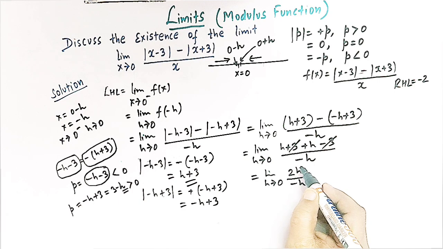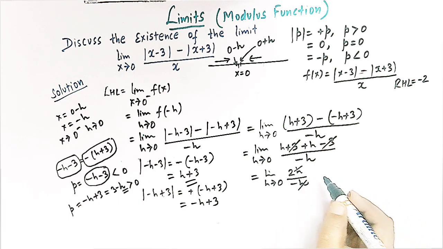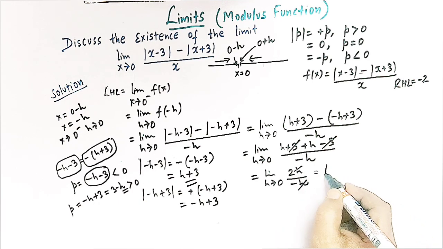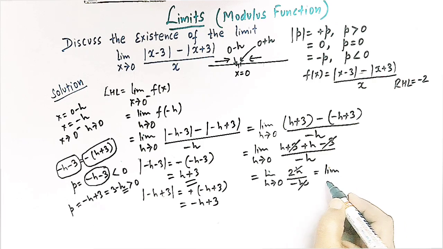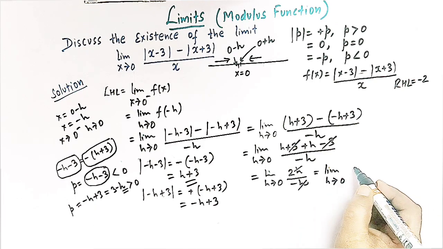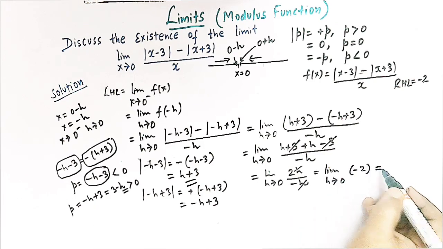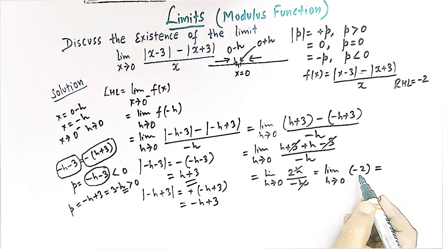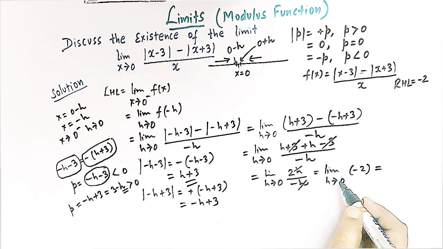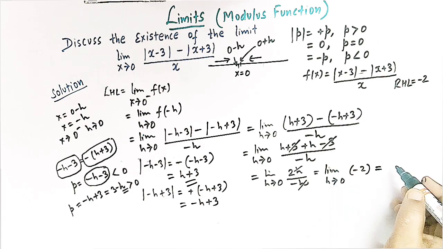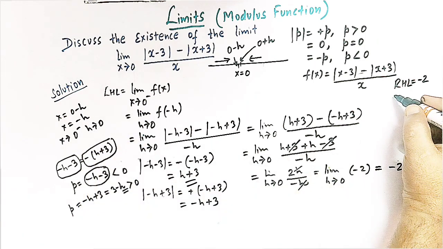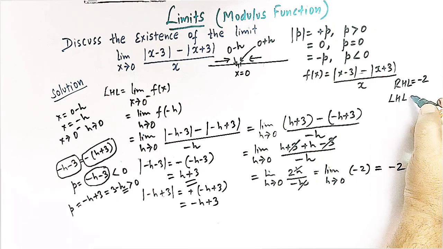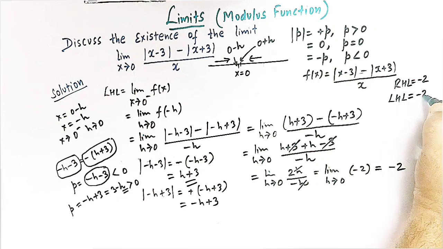So now this h and this h get cancelled, and we are left with limit h tends to 0, and here we have minus 2, right? And since this expression is independent of h, we can leave this limit notation. So we have simply minus 2. So we can see that the left hand limit is equal to minus 2.